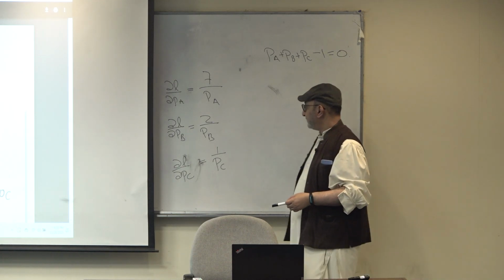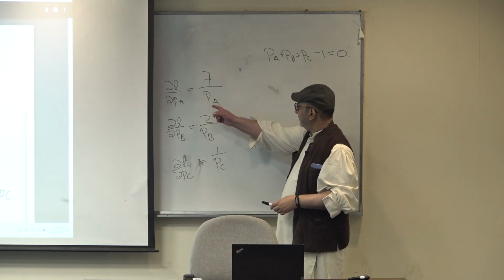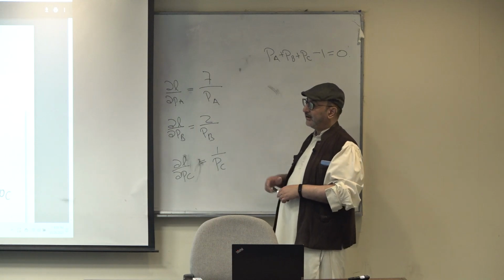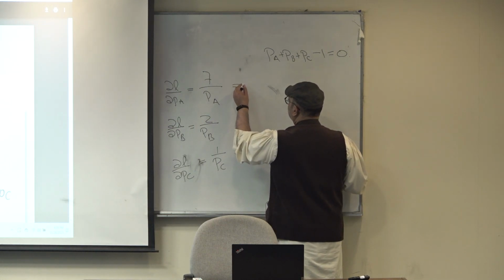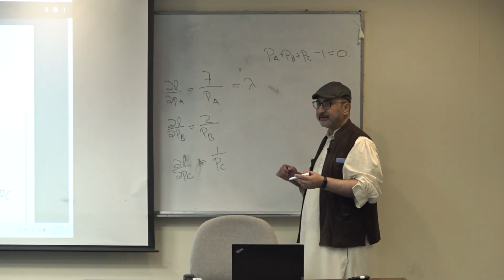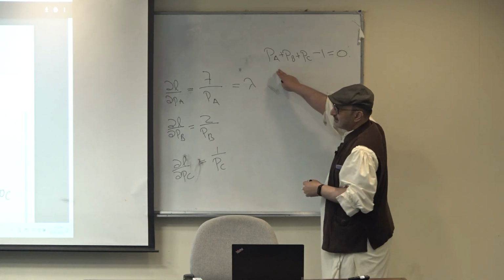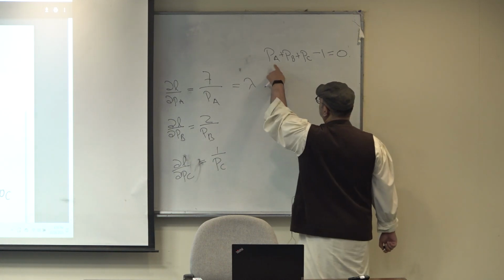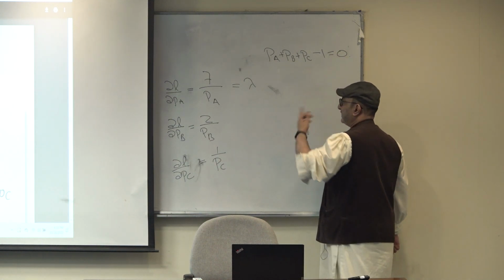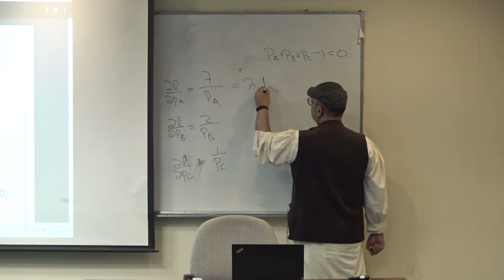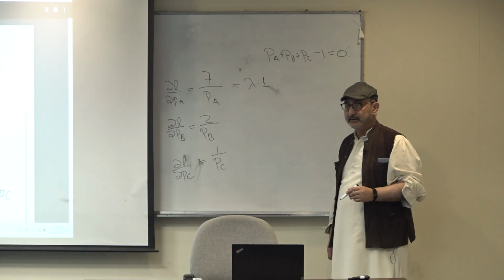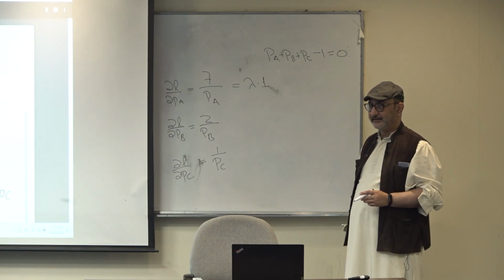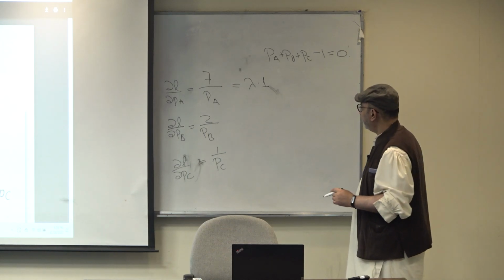So the method of Lagrange multipliers says that the derivative of the function you're trying to optimize with respect to p sub a is going to be equal to some constant that you don't know, typically we call it lambda, times the derivative of this constraint with respect to p sub a. That derivative with respect to p sub a of this is 1, right? If you would write the Lagrangian function, would it just be all of that minus lambda times the constraint? Yeah. Okay.